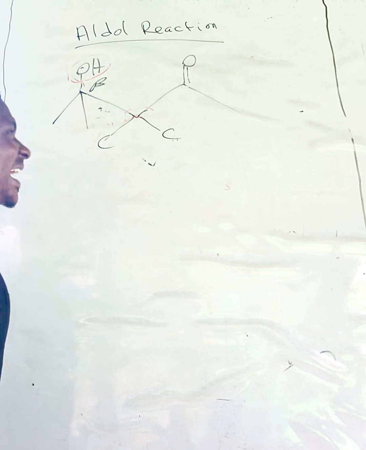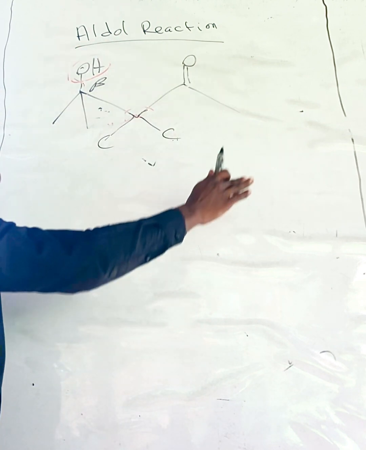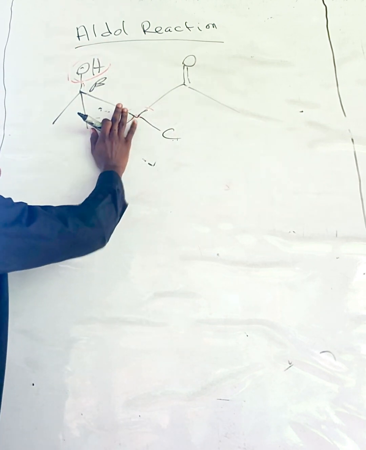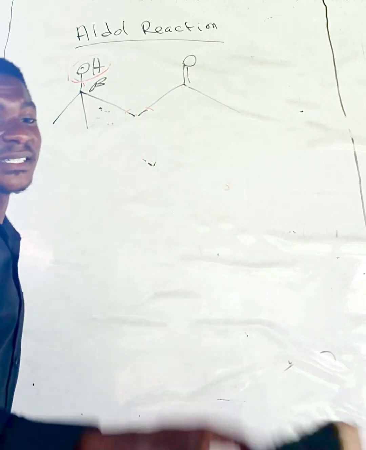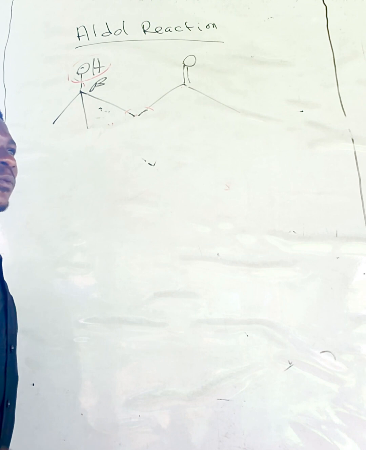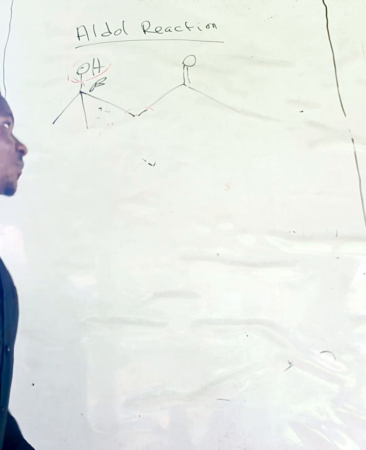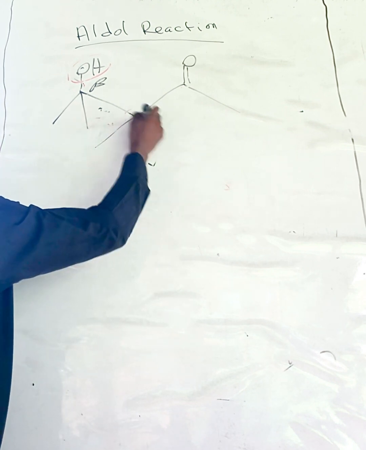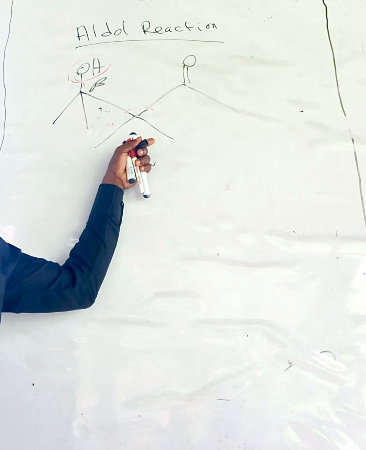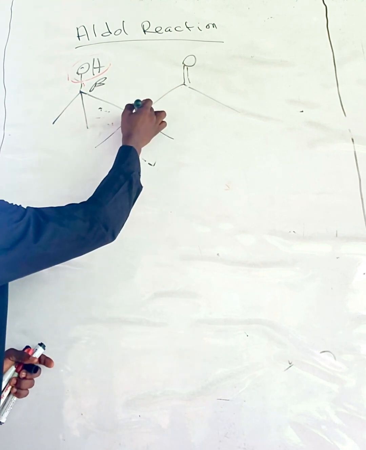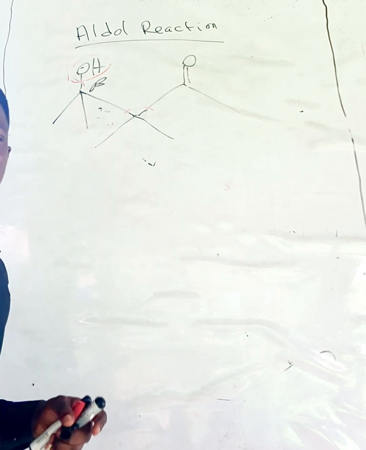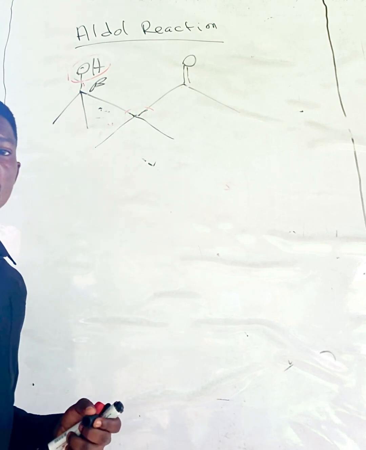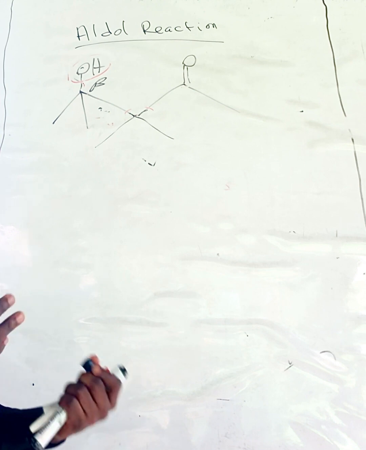So if you are given a particular ketone or an aldehyde, and when you took it through the mechanism, you ended up having a product like this, this product does not have an alpha hydrogen here. It doesn't have any hydrogen in here, so you cannot proceed to produce an Aldol condensation product.